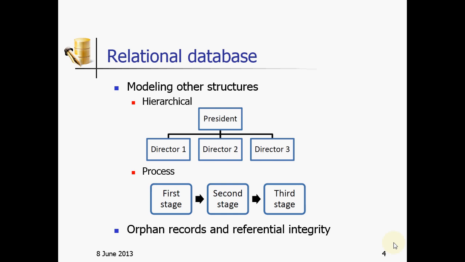Well, it's not the right way to do it because these people are all people, and so they can go into the same table. So building a table for each level and moving the people from one table to another when they are promoted is totally silly. Especially the president's table with only one president inside.